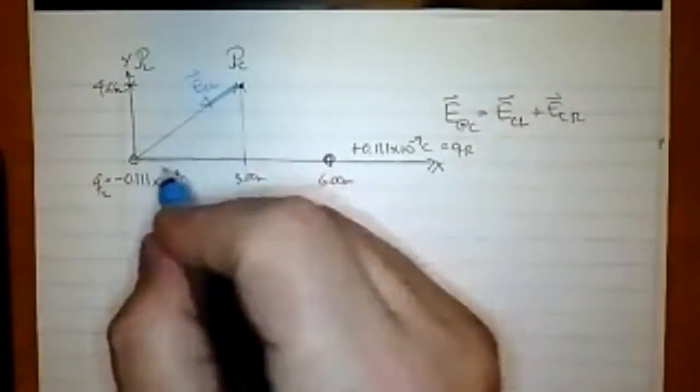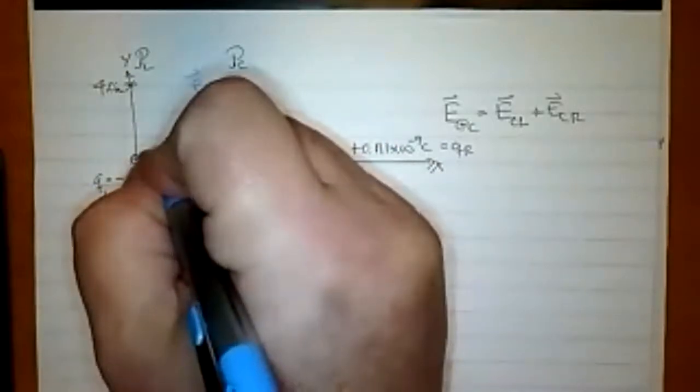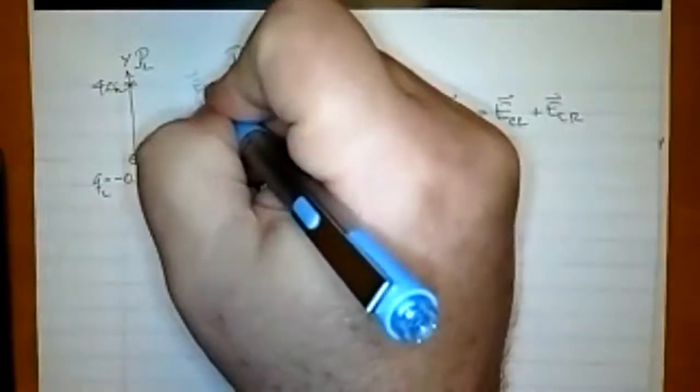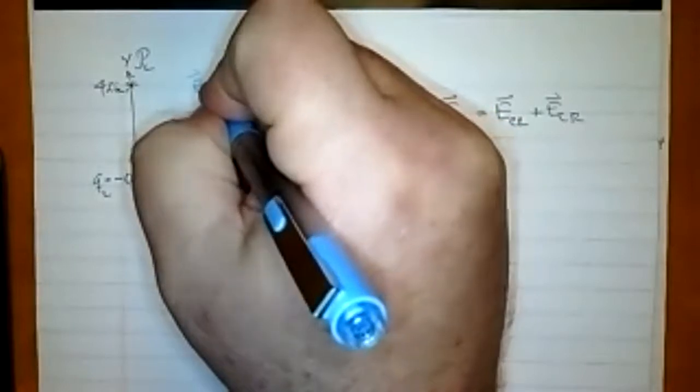Now, if you recall, this is a 3, 4, 5 triangle. And that means this angle is like 53.1 degrees, or this angle is like 37 or 36.9 degrees.